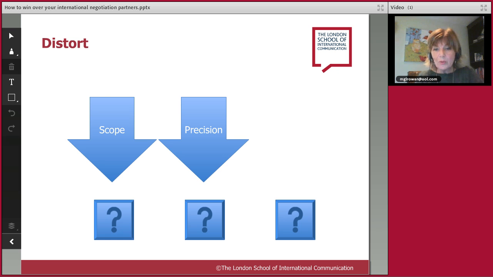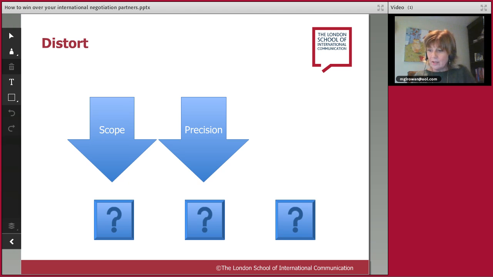Precision. Precision is not only about the language that you use, but also being able to make sure that the other person understands exactly, precisely where you are.